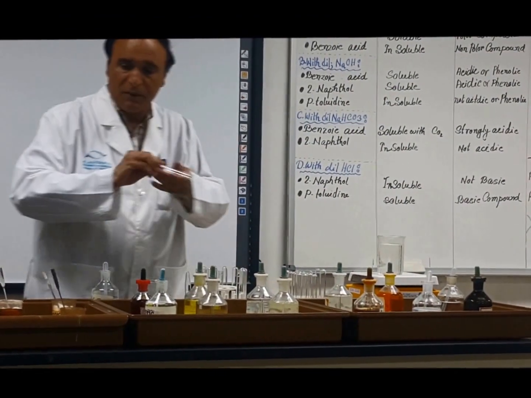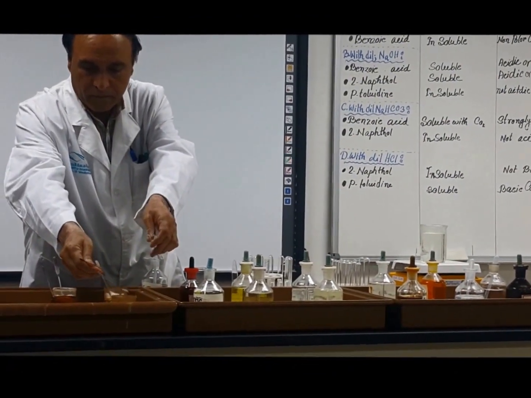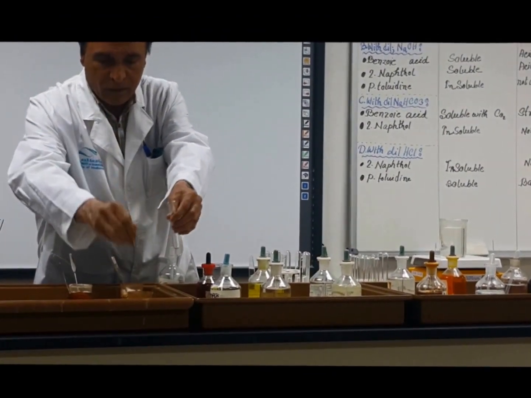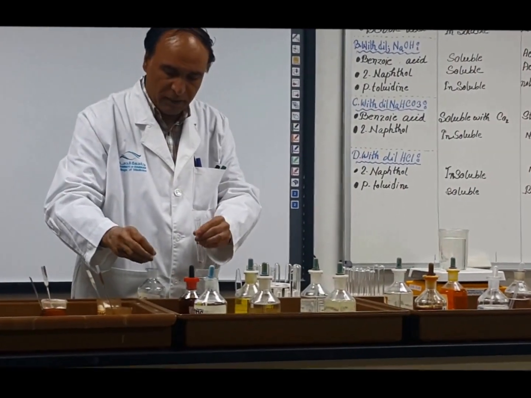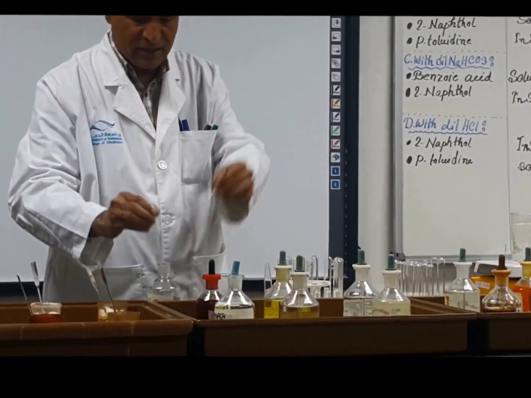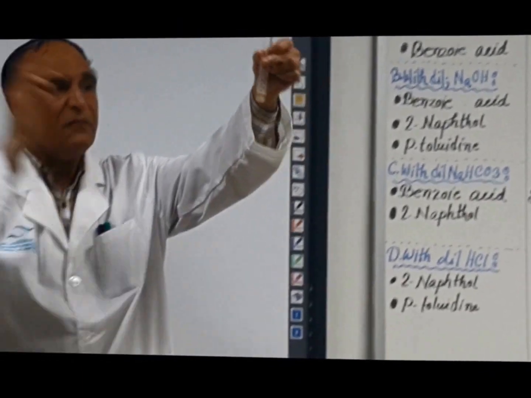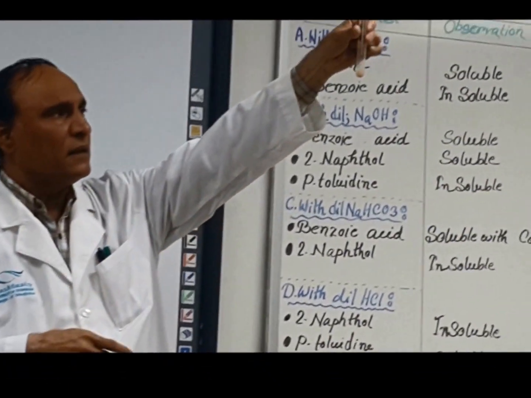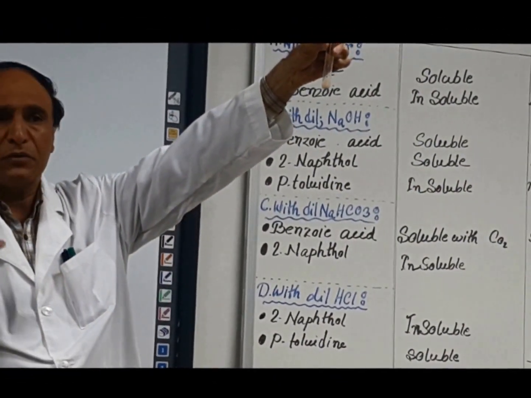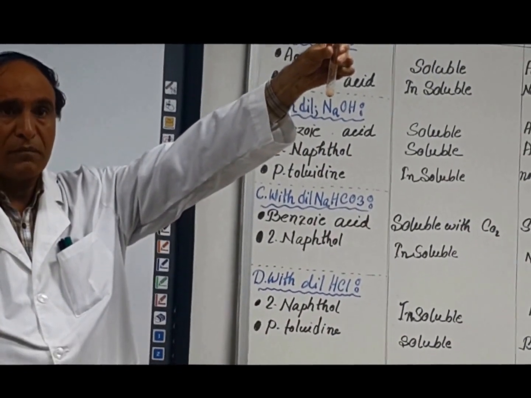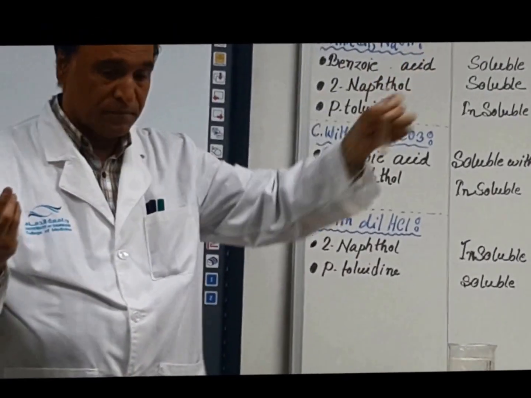So if I show, for example, 2-naphthol, and you put into it sodium hydrogen carbonate, you can see that no bubbles. No carbon dioxide is produced. So you can say not acidic.